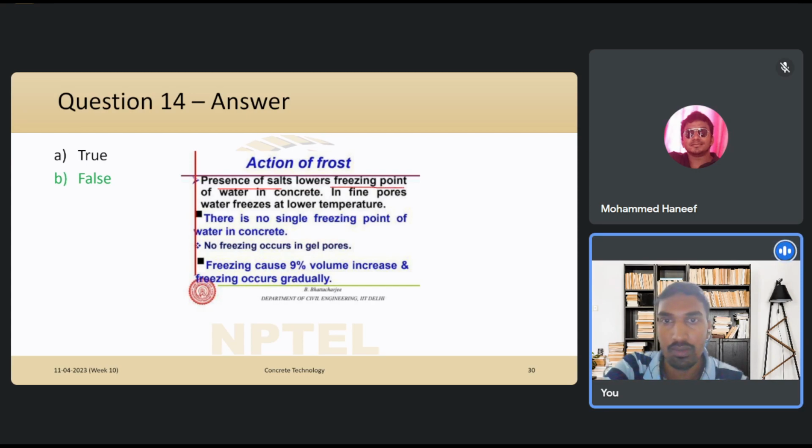It will not always freeze at 0 degrees. And also the size of pores will affect the freezing temperature. So therefore there is no single freezing temperature, a single freezing point, and also within gel pores you will not see freezing. So because of this, the right option is that the statement is false.